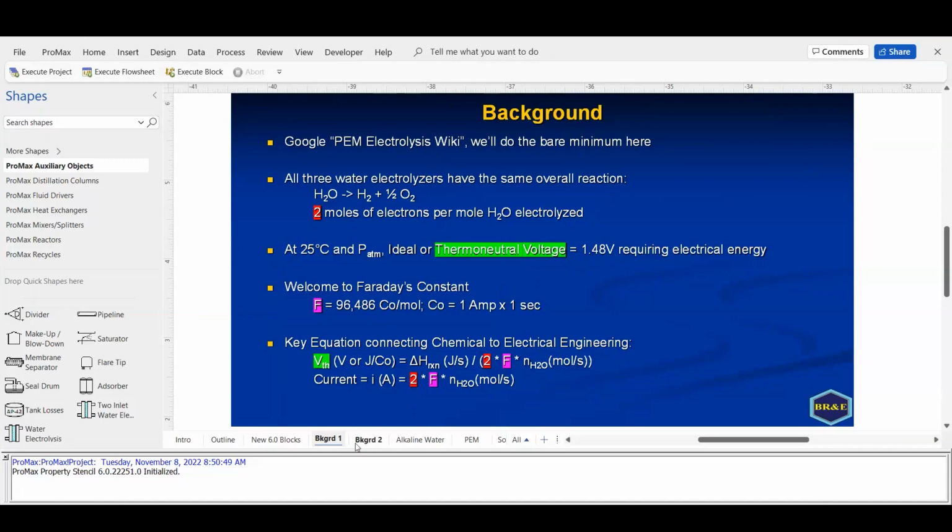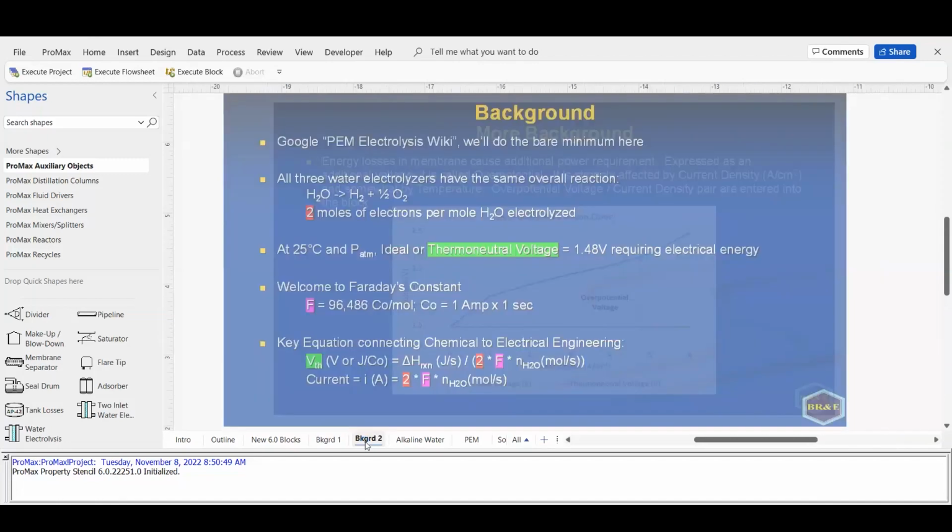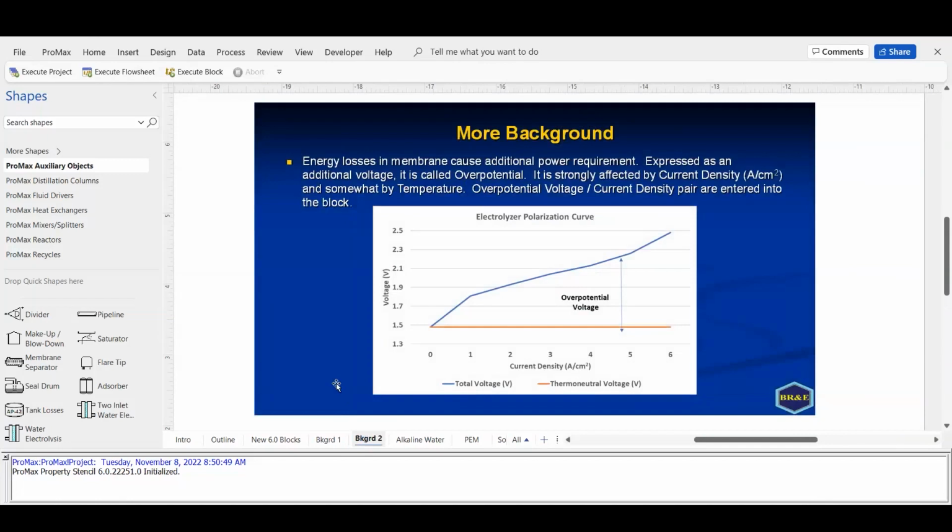Now, if we go to the next page, there's another important energy contribution that's required. There's this extra voltage that is needed in any electrolyzer to supply extra energy to overcome resistances in the electrolyzer apparatus, in particular the membrane.